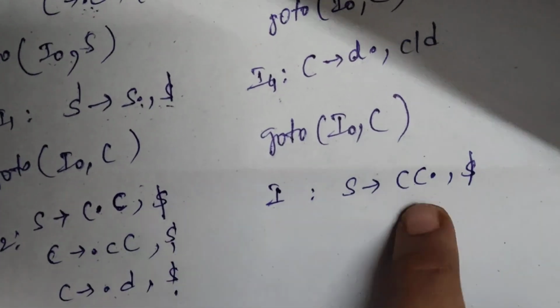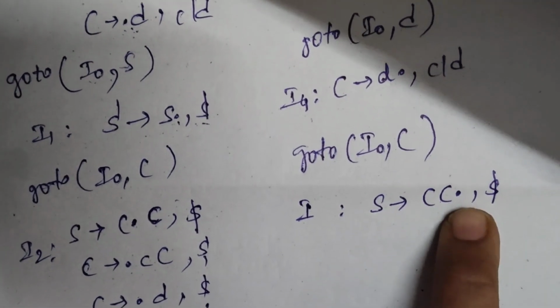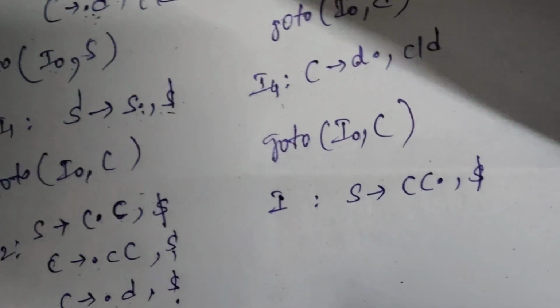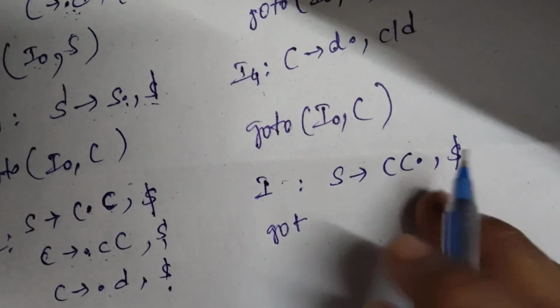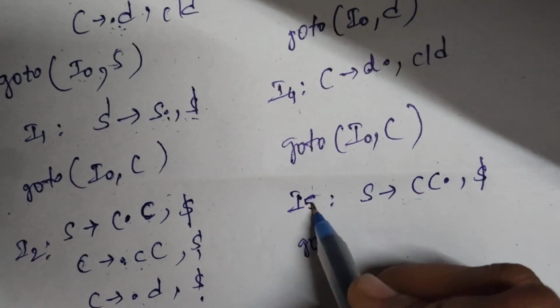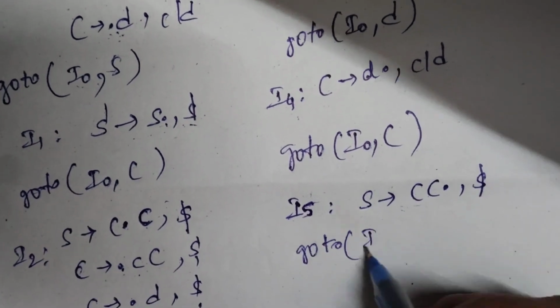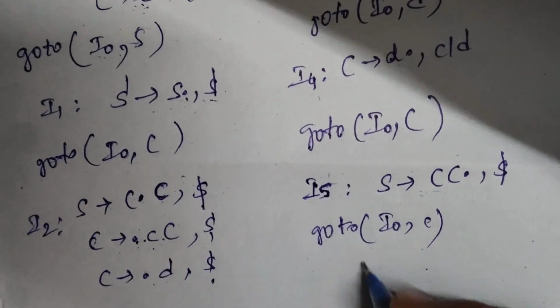So we can go to the next item, that is I1. In I1, the dot has reached the end, so we need to skip this. We need to go to I2 next. In I2, we have to shift this C, and this small c, then this small d. So we'll go to goto(I0, C), and we'll shift this dot here.